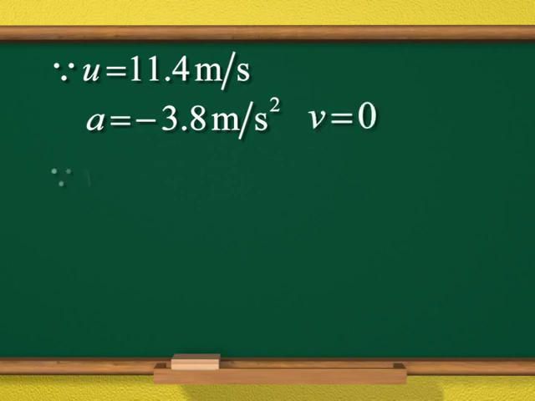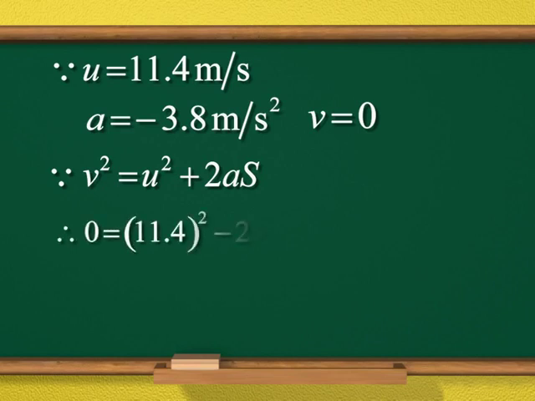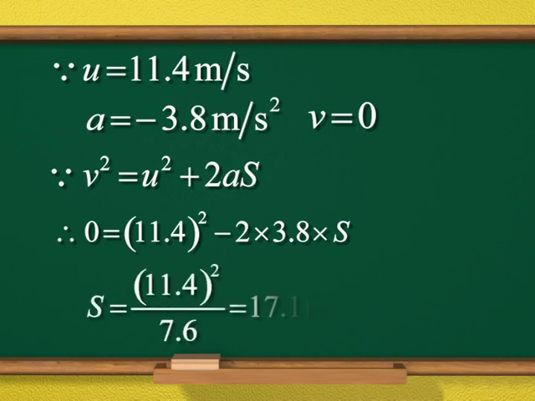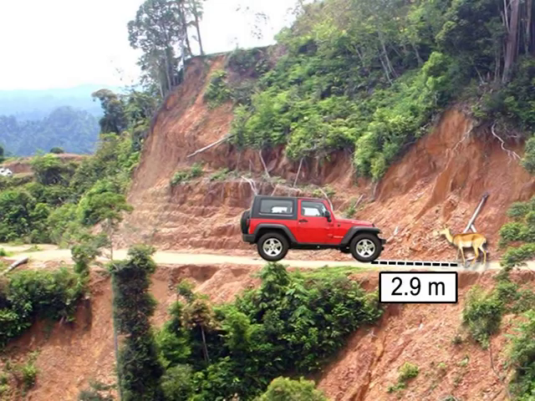On substituting the given values in the velocity position relation, we get 0 equal to square of 11.4 minus 2 into 3.8 into s. This gives distance s equal to 17.1 meter. This shows that the ranger would stop 2.9 meter close to the deer.